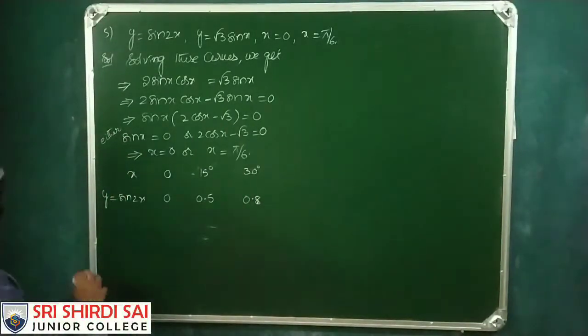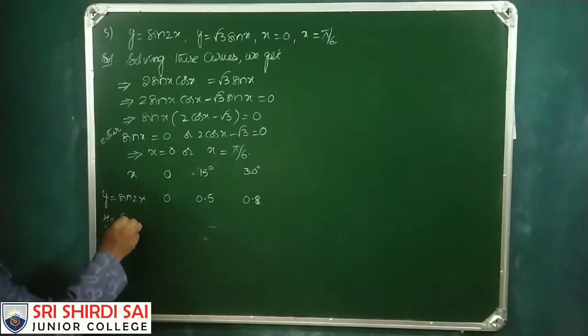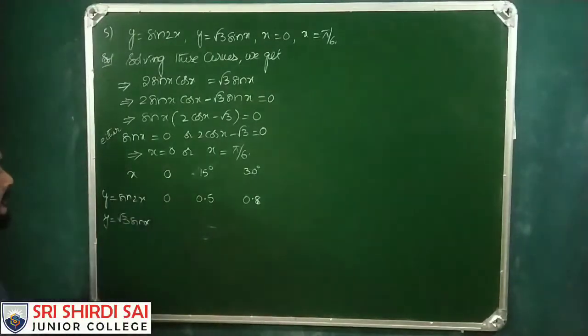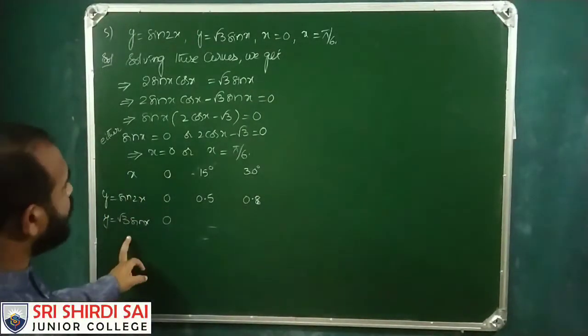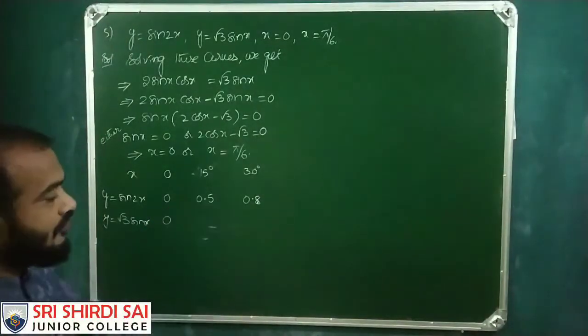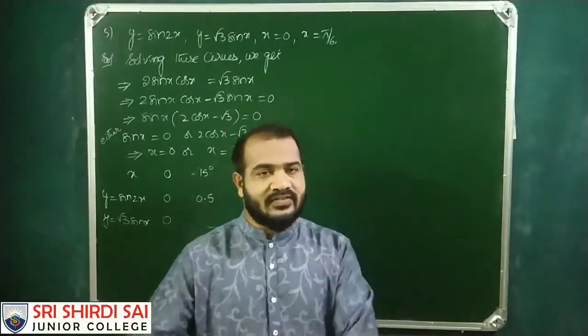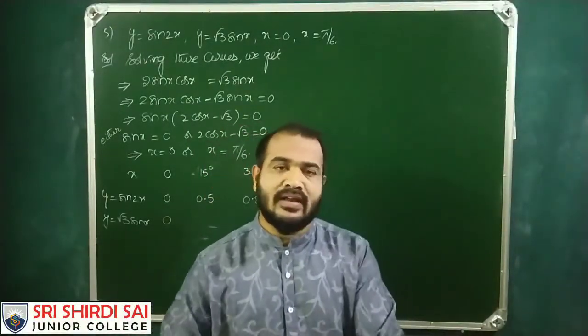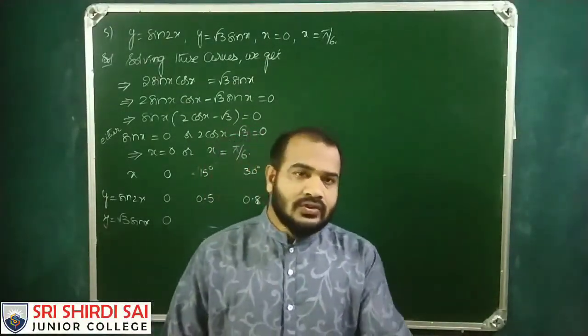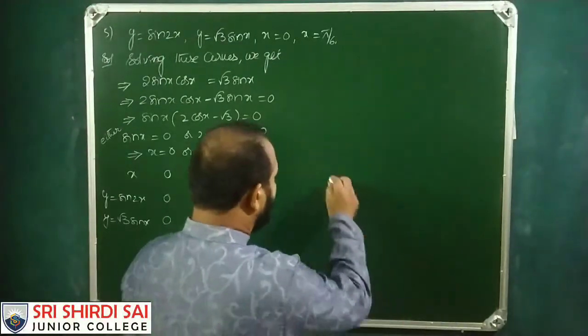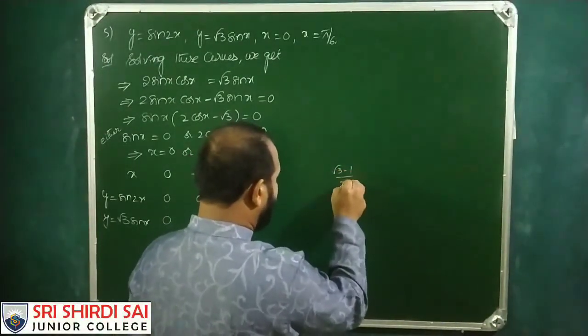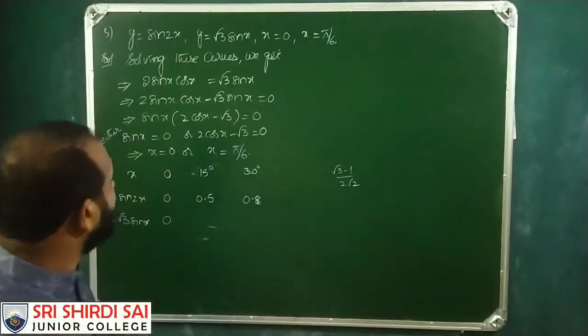Likewise, for the y equals root 3 sine x curve now. Root 3 sine 0 is 0. Root 3 sine 15. Sine 15 can be evaluated by sine of 45 minus 30: sine 45 cos 30 minus cos 45 sine 30, which gives root 3 minus 1 by 2 root 2.